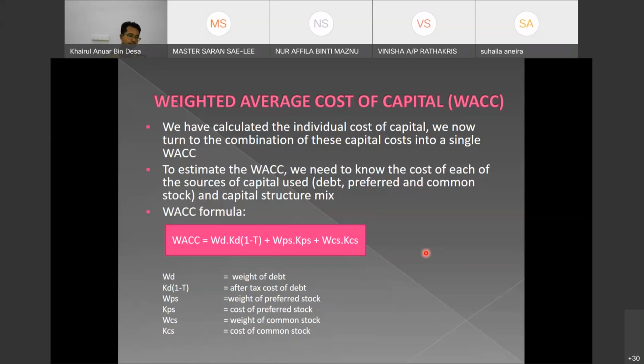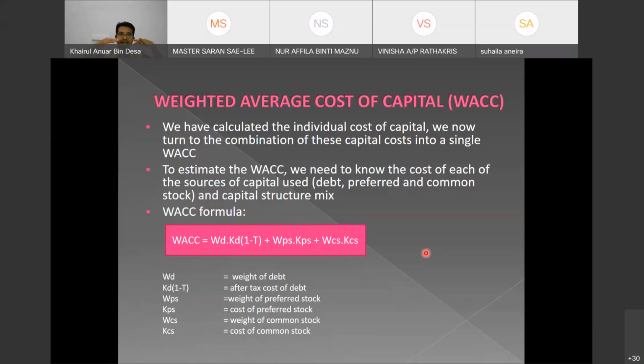Before this, we discussed one by one, meaning that we calculated the individual cost of debt, the individual cost of common share, and the individual cost of preferred share. Now in weighted average cost of capital, we combine them together.